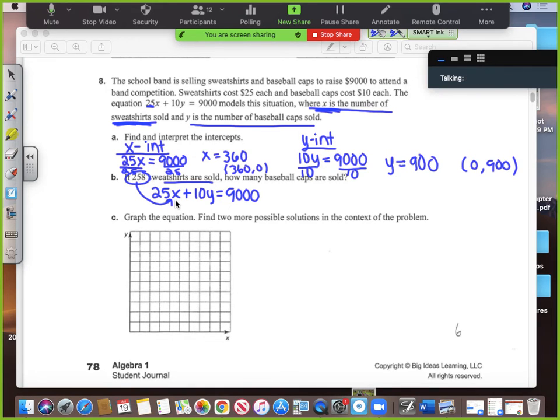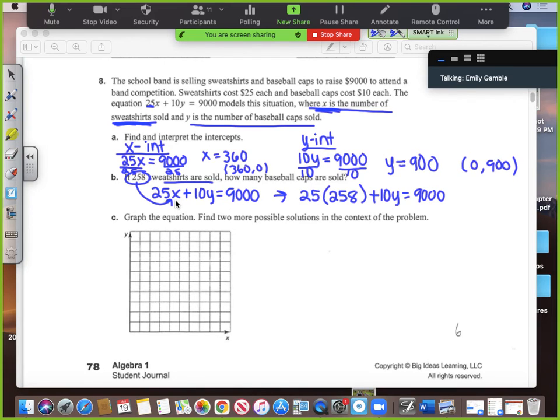So what we would do is take 258 and replace it in for x, and then the equation becomes $25 per each sweatshirt, and we're selling 258 of them, plus 10y equals 9,000. We're going to see how many baseball hats were sold then.